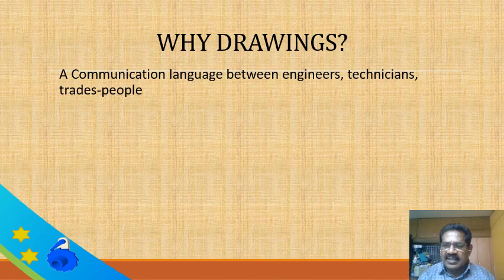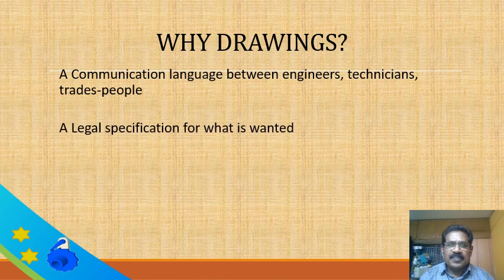They are going to study the drawing in the absence of the designer, whoever has created it. So whatever the intention of the designer is must be understood in the same manner by the person who is trying to make it, the person who is going to inspect it, and the person who is going to buy it. Everything should be in the same sequence of understanding.